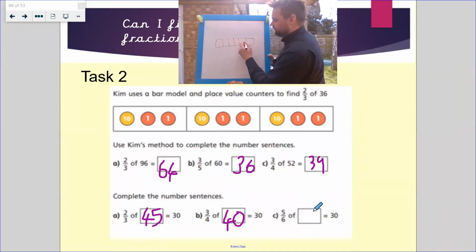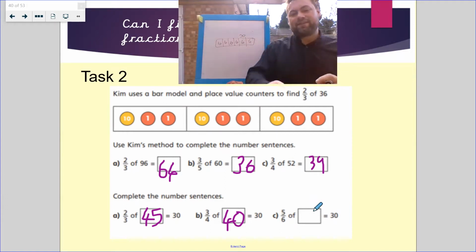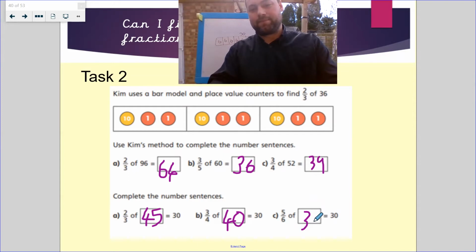So we could put 5, 5, 5, 5, 5, 6, 6, 6, 6, and 6. That is equal to 30. So we know we've got another 6 there. So 5/5 of 36 is the answer there.